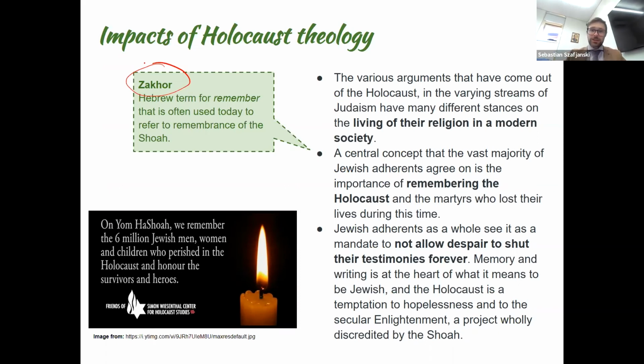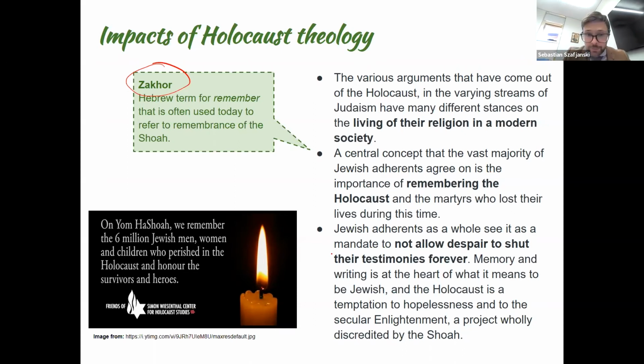And a central concept, a really important idea that the vast majority of Jewish adherents, Reform, Conservative, Orthodox, all agree on, as we saw in our statistics, is that idea of remembering the Holocaust and the martyrs who lost their lives. This term martyrs is a term that they use vociferously in their rhetoric. And Jewish adherents as a whole see it as a mandate.